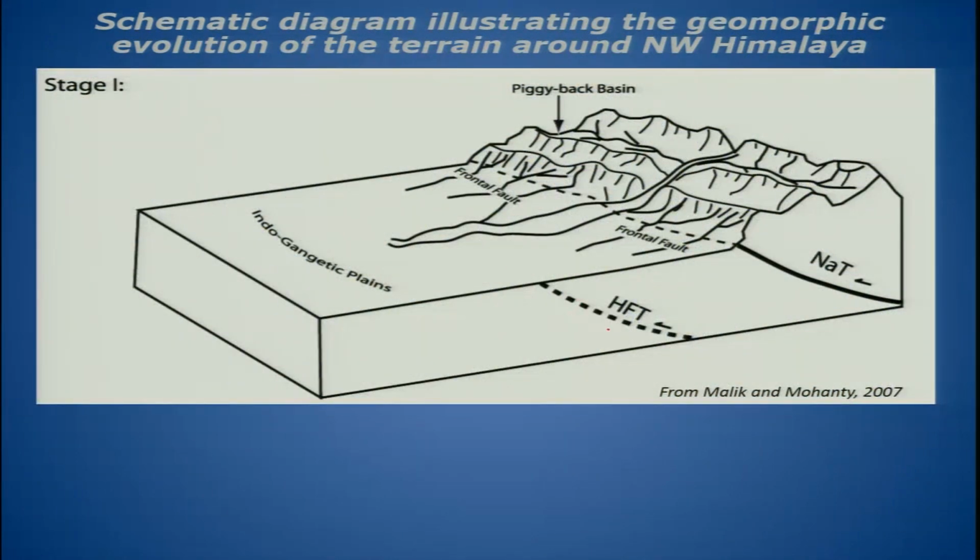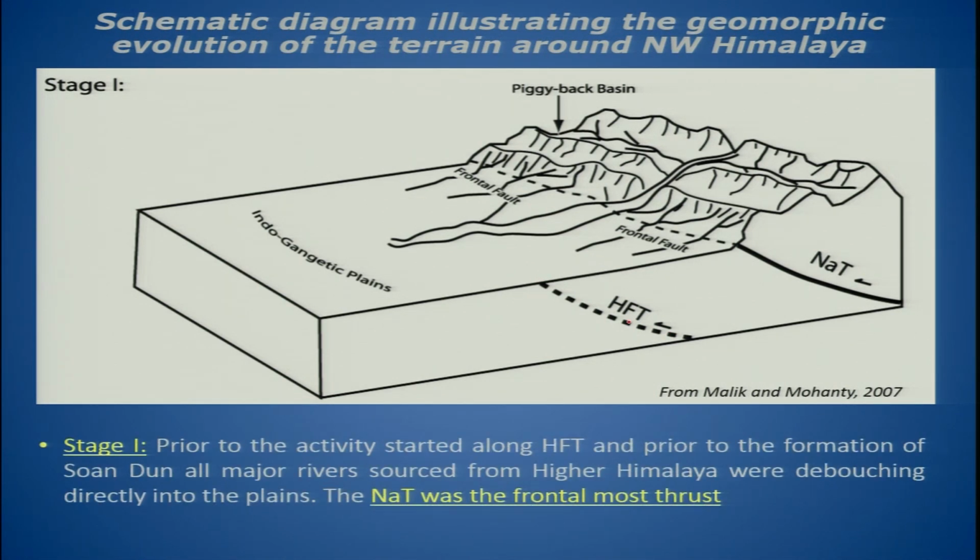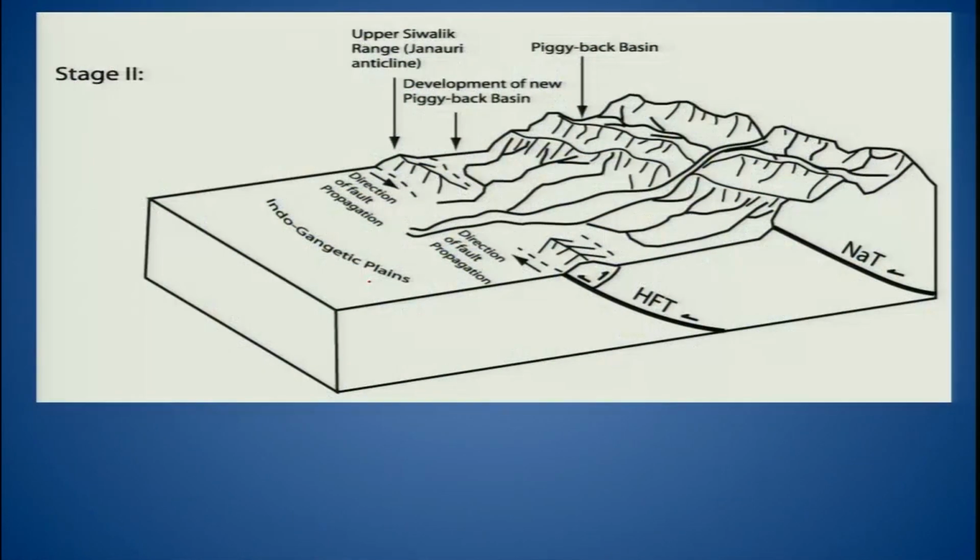in this region. So similarly, what we were looking in the sandbox model, that the younger faults will keep developing in the frontal part. So we have the Indo-Gangetic plain here. So no deformation has been taken up by HFT, and slowly, so initially the channel flowed directly onto the Indo-Gangetic plain, but slowly the deformation was being taken up by the frontal fault, that is your HFT, and the fold started growing on either side.